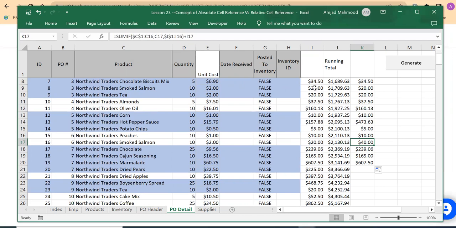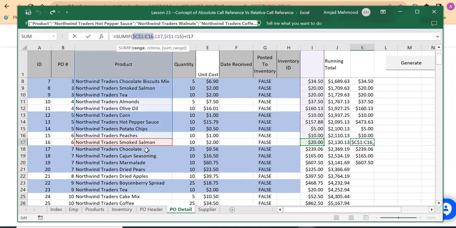You see, this is 20 and 20 is making it 40, right? So it is saying SUMIF one above, ranging above, and find out how much amount has been ordered before this transaction. So we are on row number 17. So until 16, there are 20, and 20 plus 20 is 40, right?